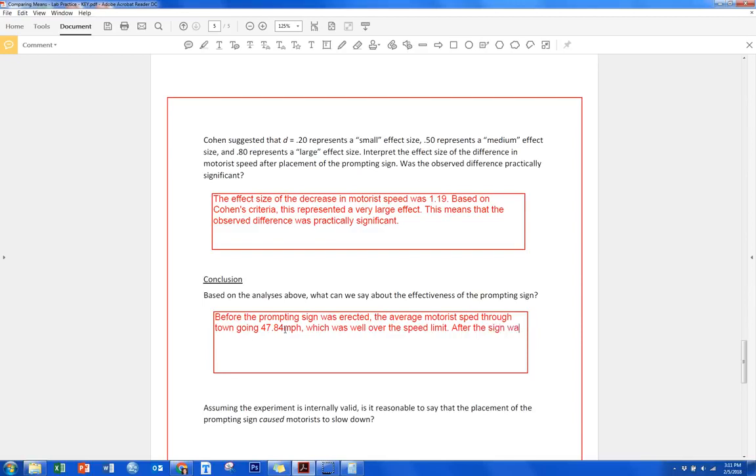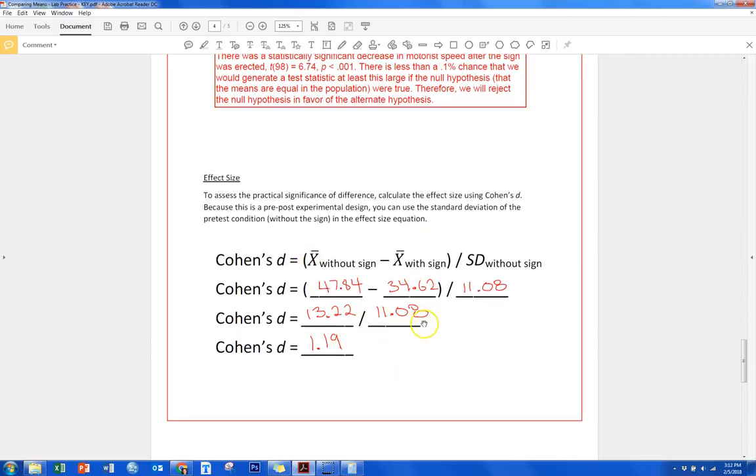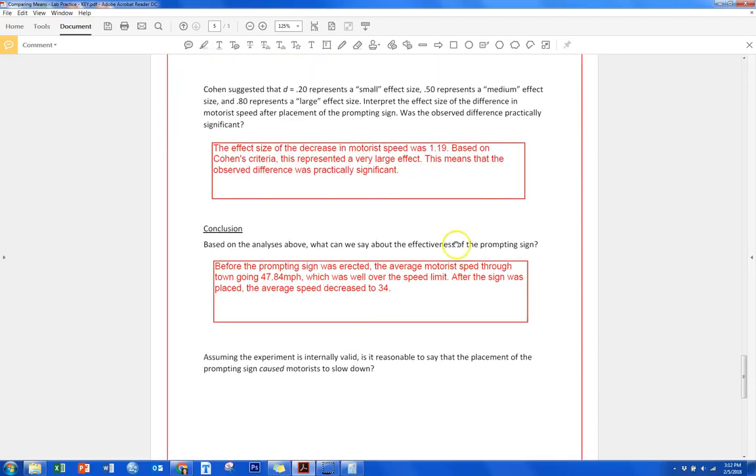After the sign was placed, the average speed decreased to 64.62 miles per hour, which was under the speed limit. The decrease was both statistically and practically significant.